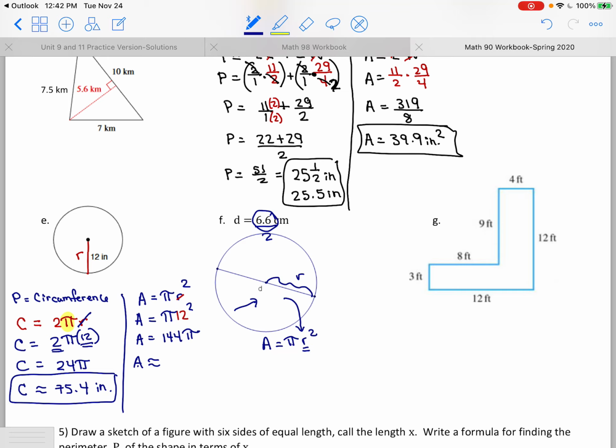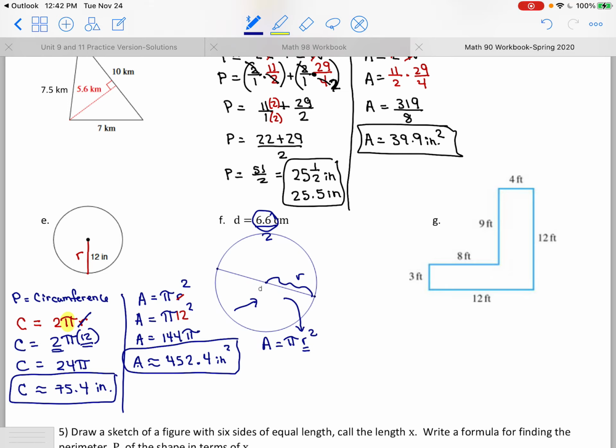Yeah, it definitely is a long, non-terminating number, 452.389341, and we want to just go ahead and approximate that to the tenth, so we'll say 452.4, and of course inches squared, because this is an area measurement.